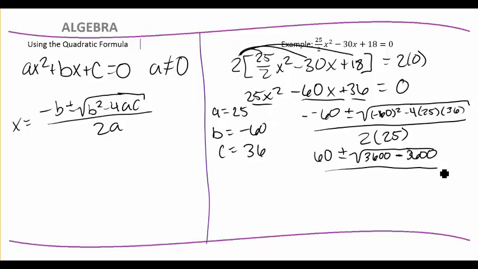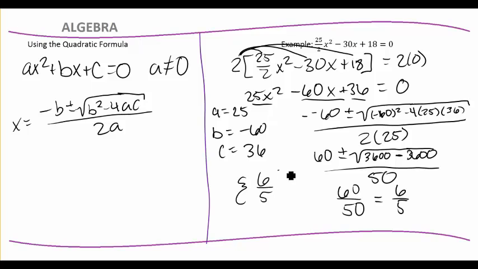And that's going to be all over 50. So we're going to end up with 60 over 50, which is simplified to 6 over 5. We only have one answer in this example, and we're going to put that in the solution set. And that's going to be 6 over 5 is our answer.